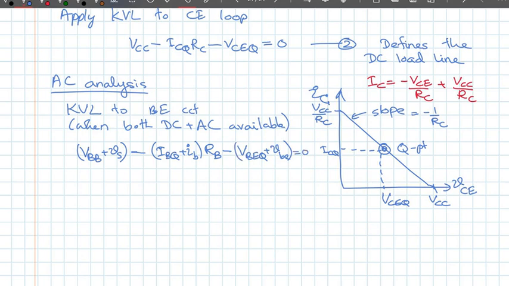So this is applying Kirchhoff's voltage law to the base emitter loop when you have AC plus DC signals. This is the whole signal.